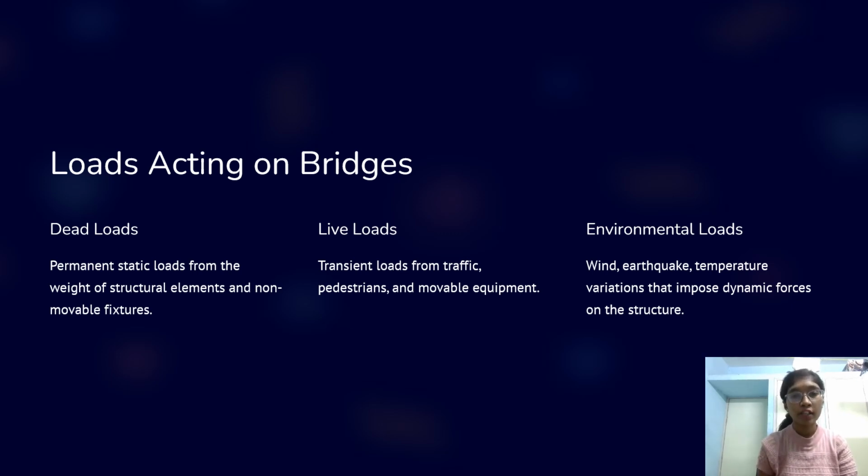The live load means elements that can move from one position to another. These are transient loads from traffic, pedestrians, and movable equipment. Then the third is environmental loads: wind, earthquake, and temperature variation that impose dynamic forces on the structure.